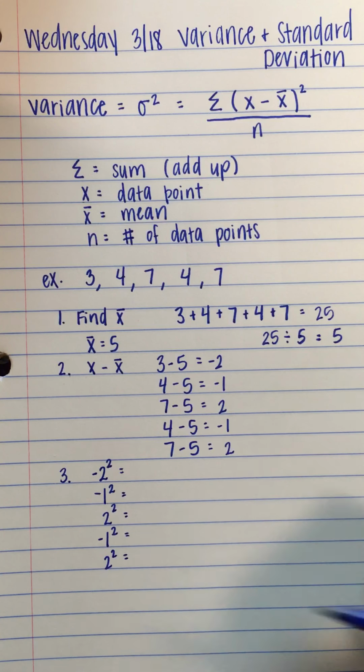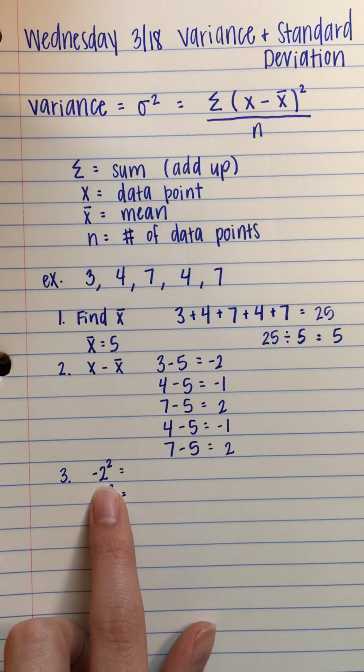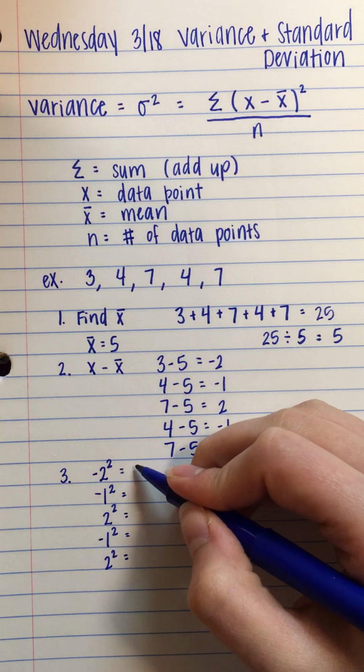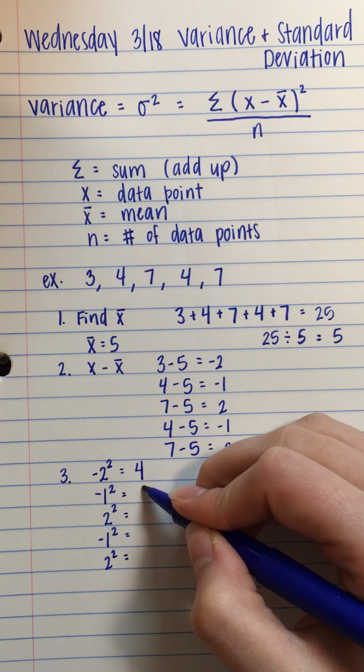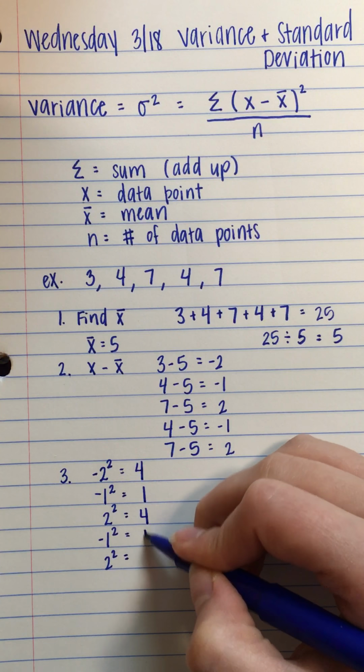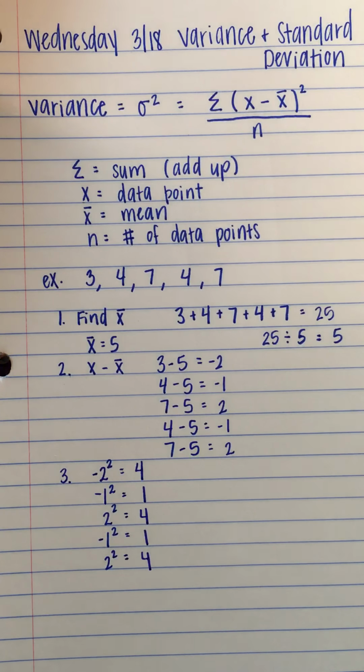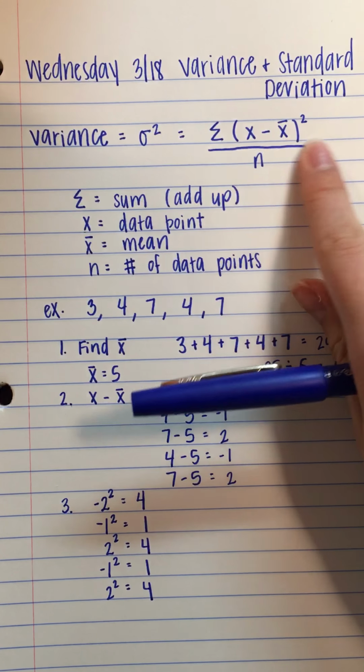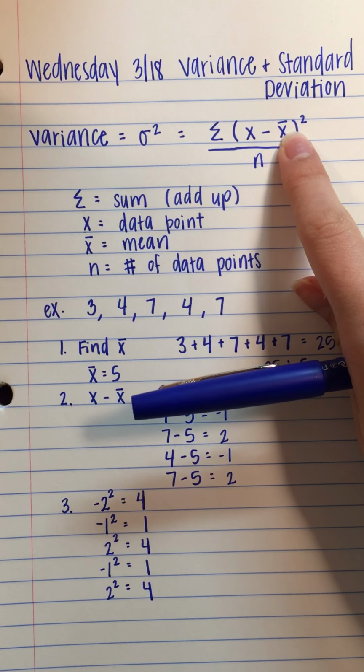Remember, squaring is just multiplying something by itself. So -2 times -2 is 4. So far, I've done this entire piece up here.